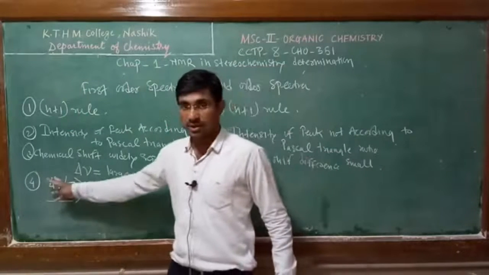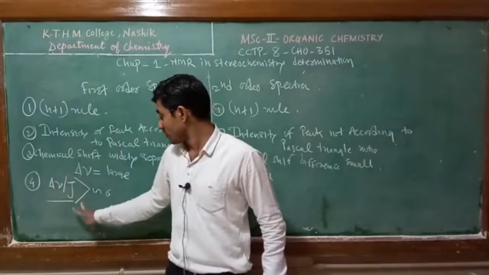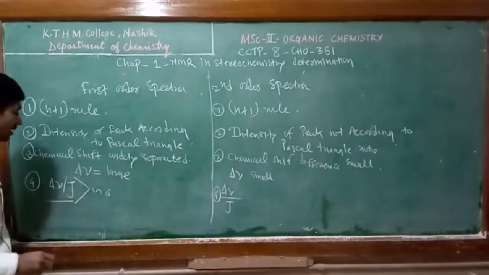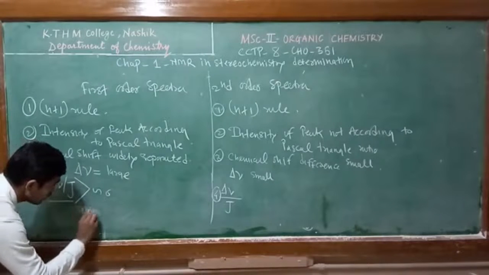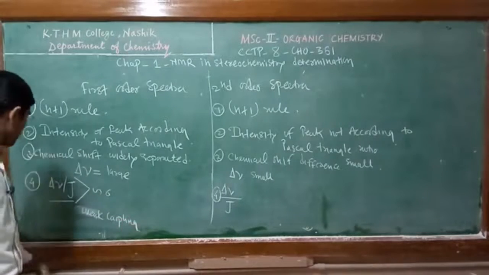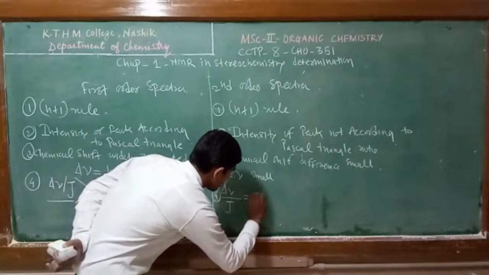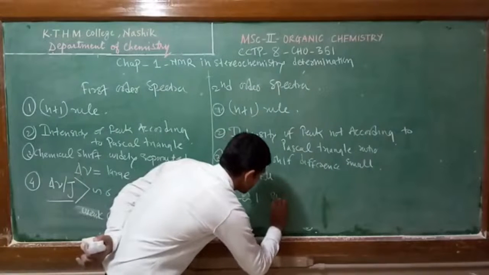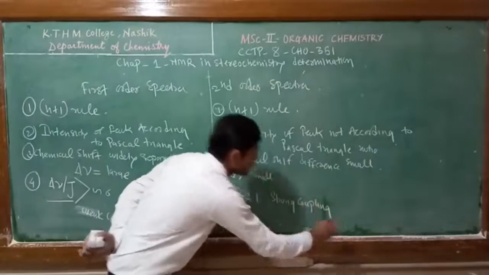Both values are expressed in the same unit, that is hertz. When delta nu by J is greater than nearly 6, we observe weak coupling in first order spectra. When this value is small, nearly equal to 1, we observe strong coupling between the protons or nuclei.